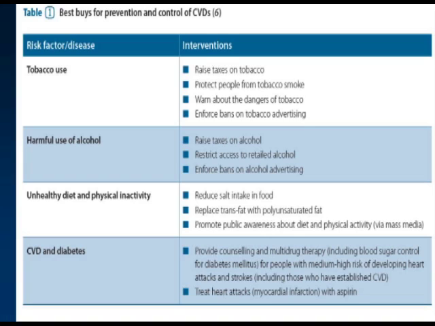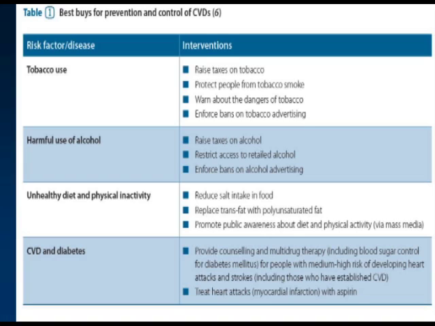of these criteria. For harmful use of alcohol, 3 interventions that are listed there: raising taxes on alcohol, restricting access to retailed alcohol, and enforcing bans on alcohol advertising. Similarly, for unhealthy diet and physical inactivity, reducing salt intake, replacing trans fat with polyunsaturated fat, and promoting public awareness about diet and physical activity.